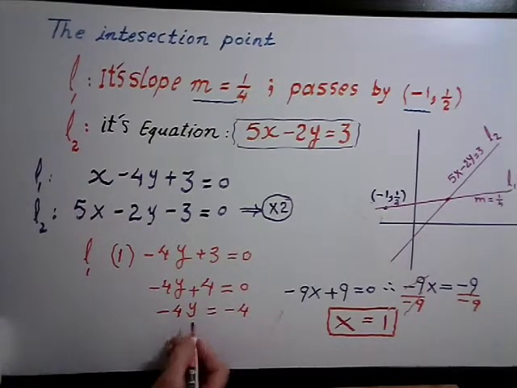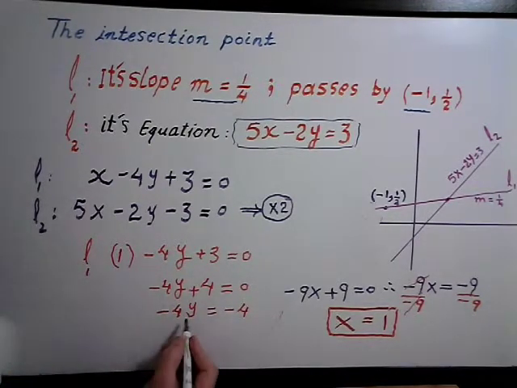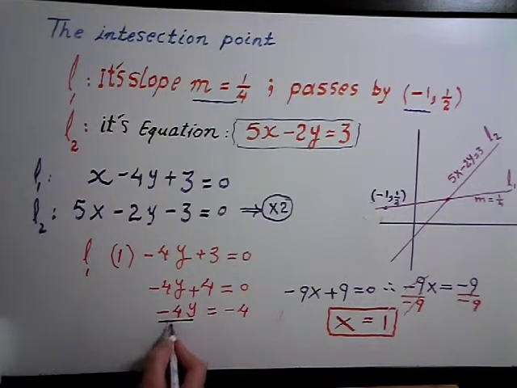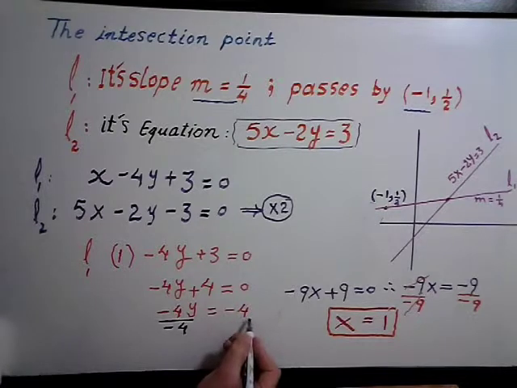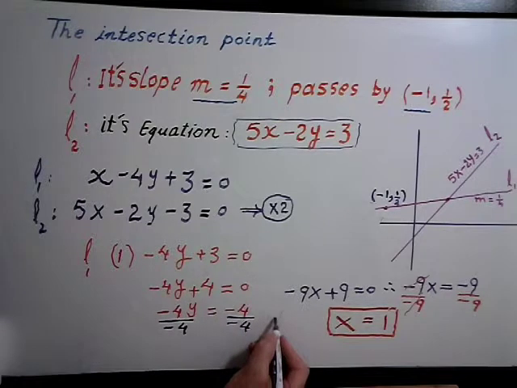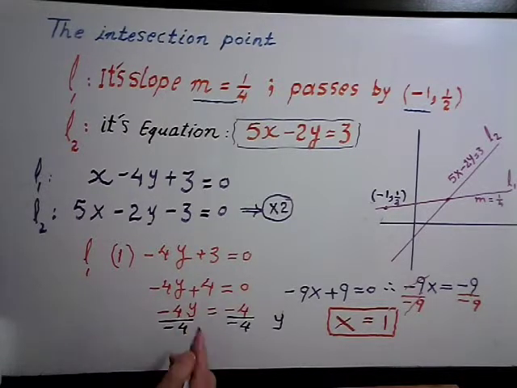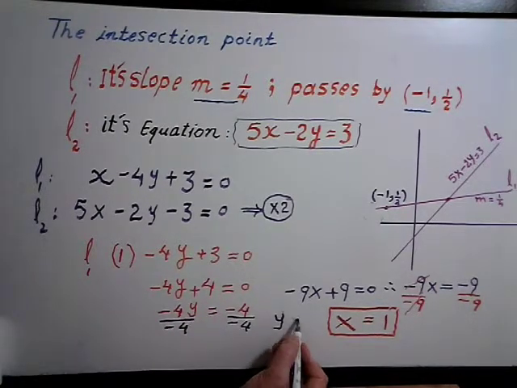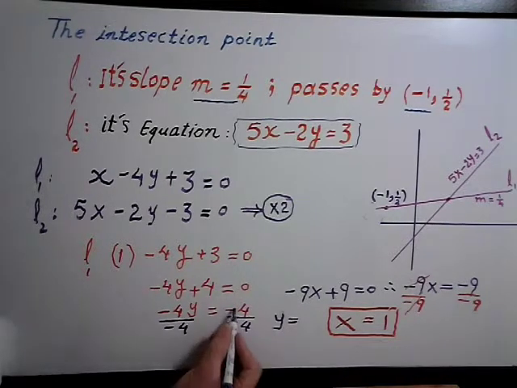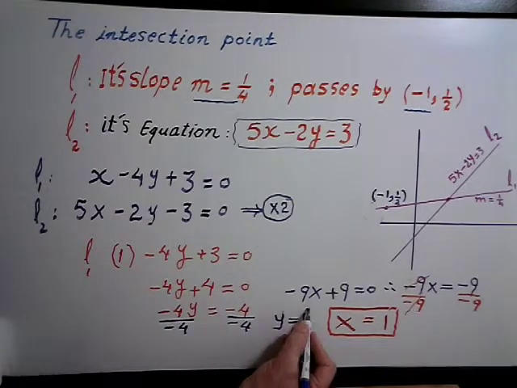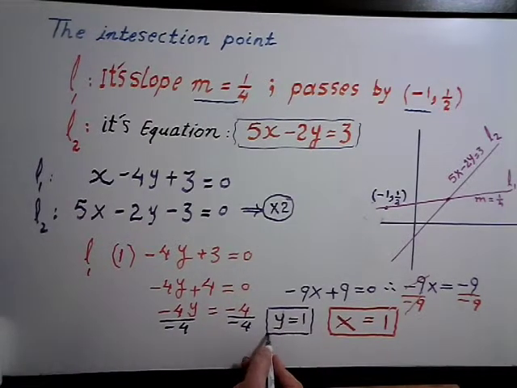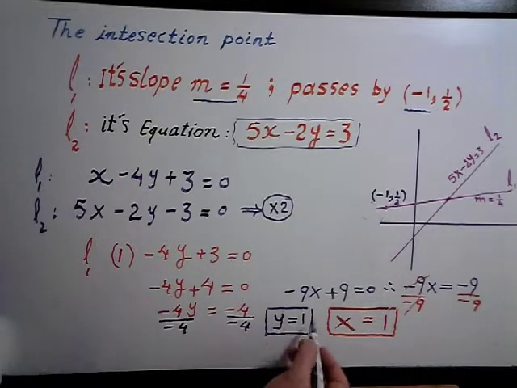Also we just divide both sides by the coefficient of y, which is negative 4. Dividing by negative 4 will give me the value of y. Here negative 4 with negative 4 cancel, still y is equal to negative 4 over negative 4, that means 1. So the y coordinate of the intersection point is y equals 1.